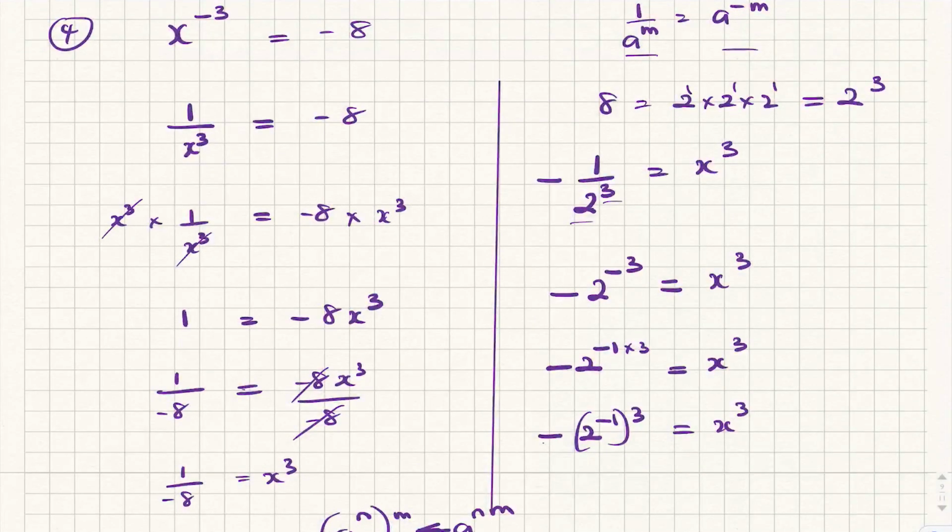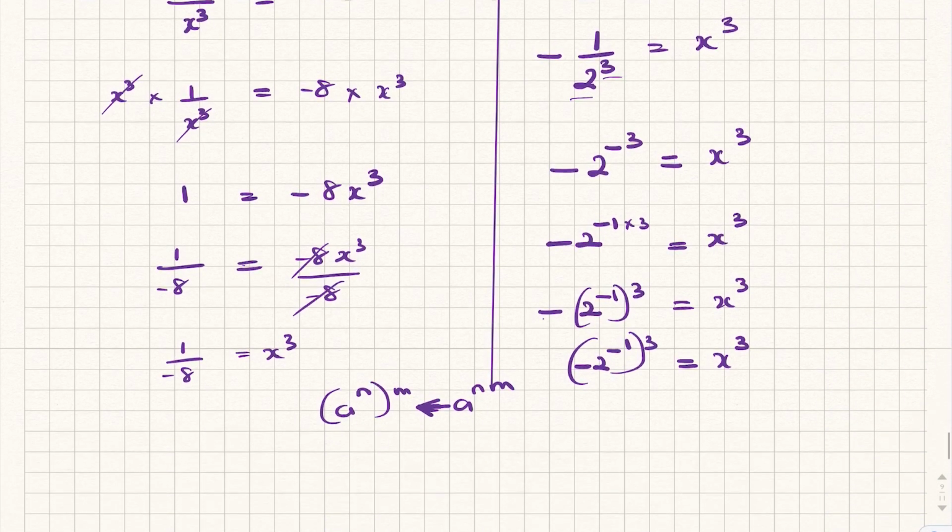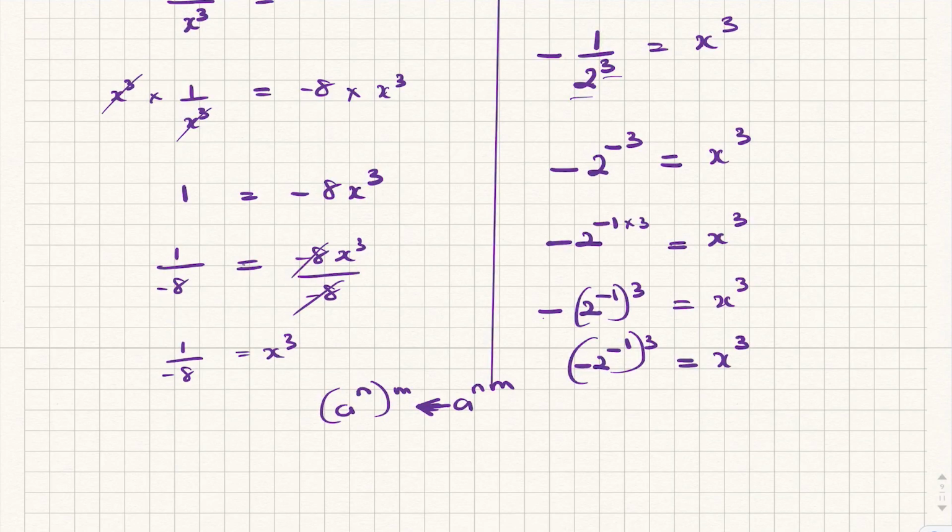So you can see here that my x's are literally the same, except the minus on this side. So if I take the minus in, actually, it will still be all right, because I'll just get minus 2 to minus 1 cubed will be equal to x cubed. Now, because the powers are the same, the base will be the same.